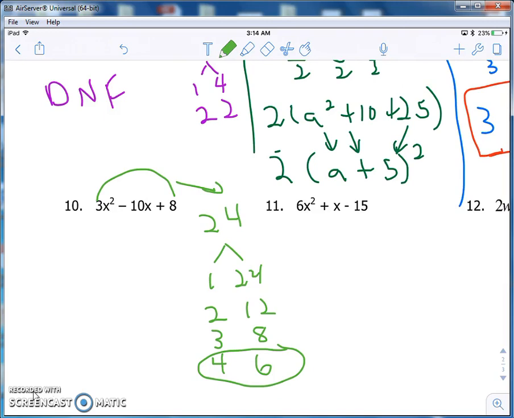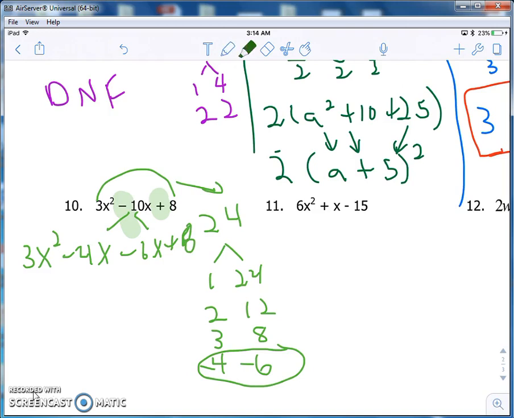Because there's a negative in the middle and a plus at the end. If you remember your rules, that tells us there's two negatives. But let's go ahead and write this out. 3x squared, two negatives down here, minus 4x minus 6x plus 8. Remember that 10x is now minus 4 minus 6, and that's an 8 on the end.